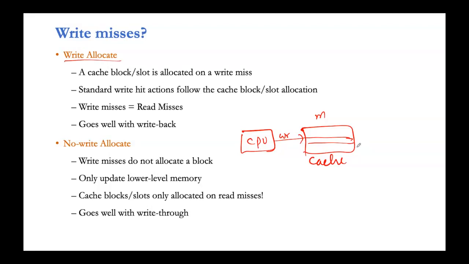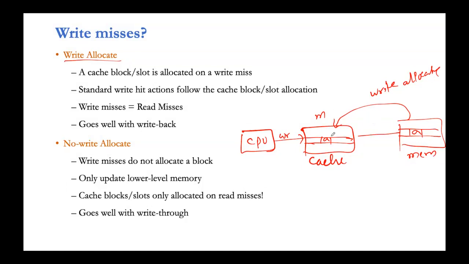Write allocate. Whatever is missing in this cache, it is going to fetch that cache line from your main memory, which, suppose in our example, is A. That will be fetched and loaded into your cache. This process we call write allocate.